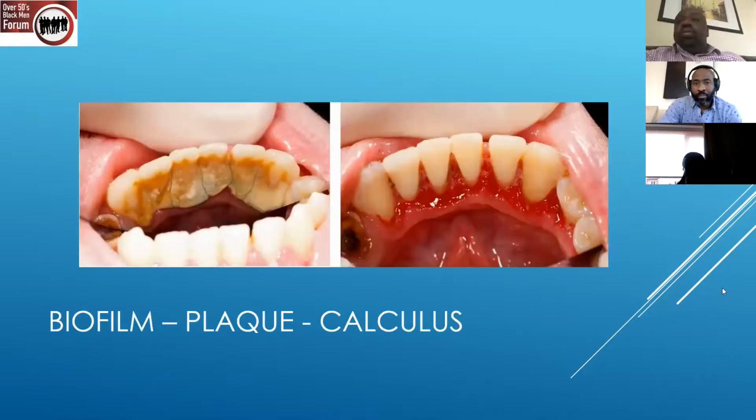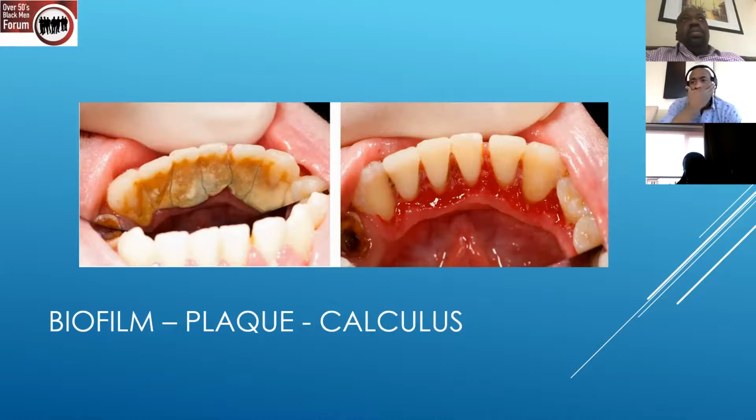This is just a rough idea, and I'll explain it. You have the biofilm, which is just saliva and all the enzymes and the bacteria that wash over our teeth.